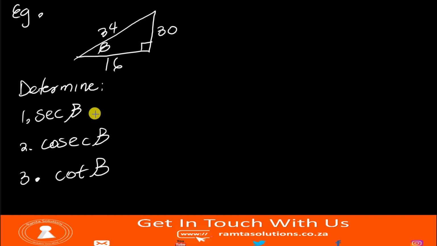Secant beta, or sec beta, is the reciprocal of cosine, which was hypotenuse over adjacent. What is the hypotenuse? In a right angled triangle, it's always the side opposite the 90 degrees, so it's 34.